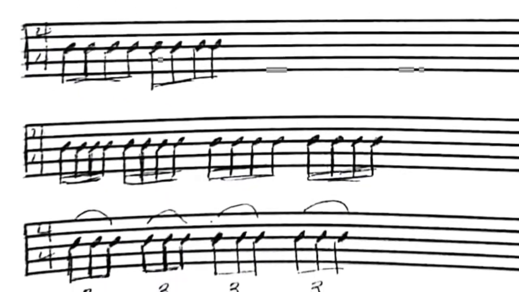We need to understand how these things fit into one another. The notes get twice as fast the more we subdivide. A half note is twice as fast as a whole note, a quarter note is twice as fast as a half note, and so on and so forth. Triplets have a different way of fitting in there: we can fit three equally divided eighth notes into the time of a quarter note.